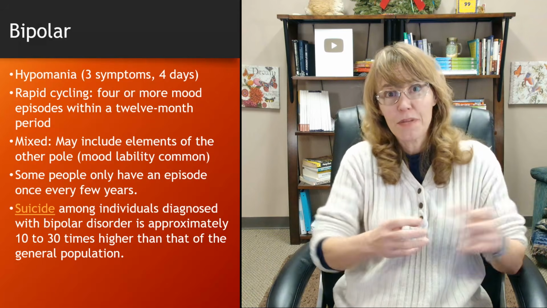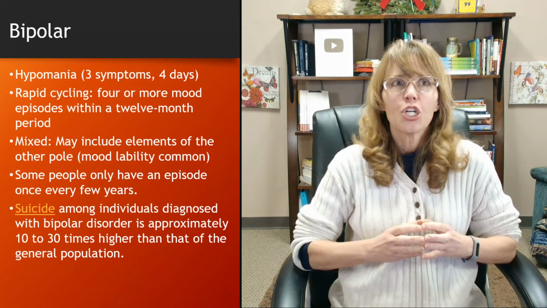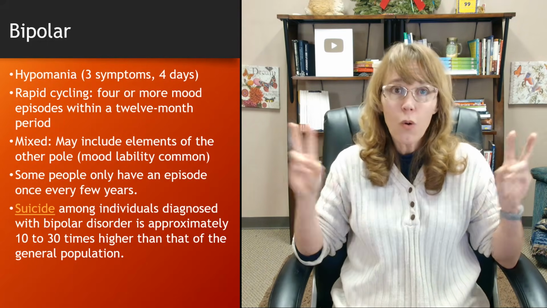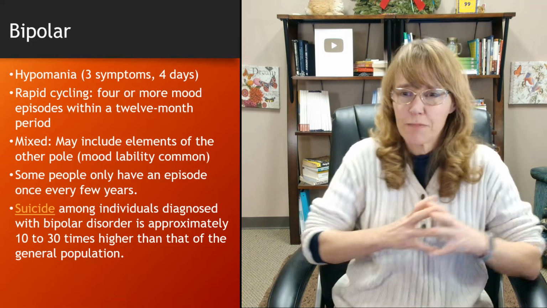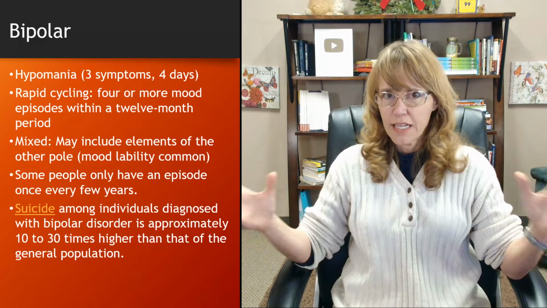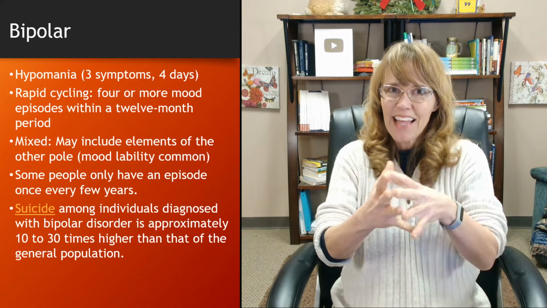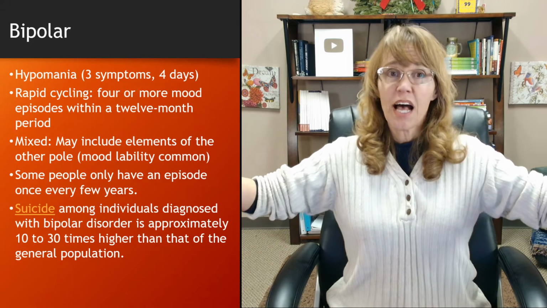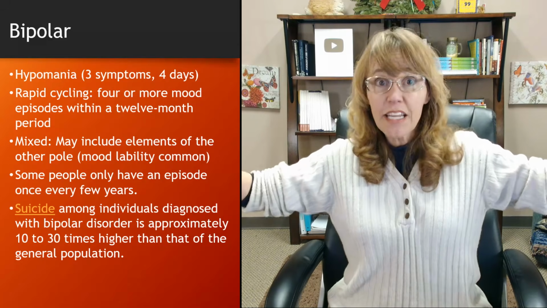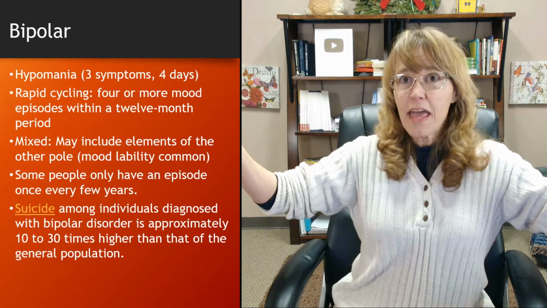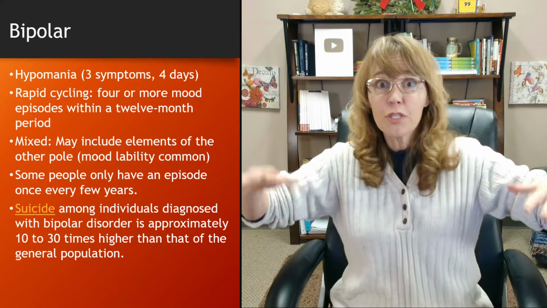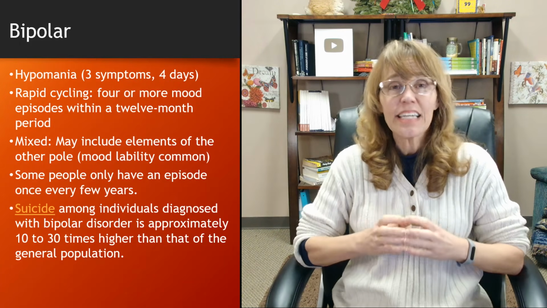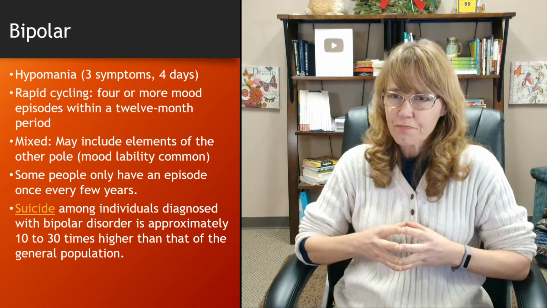They're in a mixed episode at that point. Generally, one pole, if you will, predominates, but you may have some breakthrough symptoms. Again, it's important to recognize that during those periods where they're not in the middle of a clinically significant episode, they may still have subclinical symptoms and some mood lability in there, and that needs to be addressed as well.